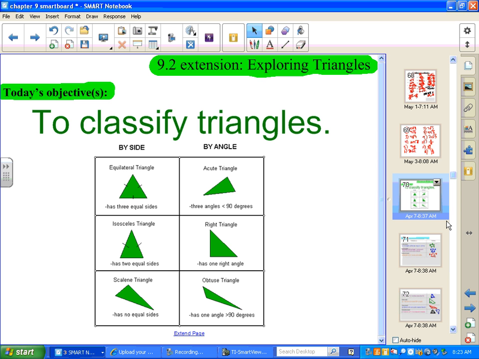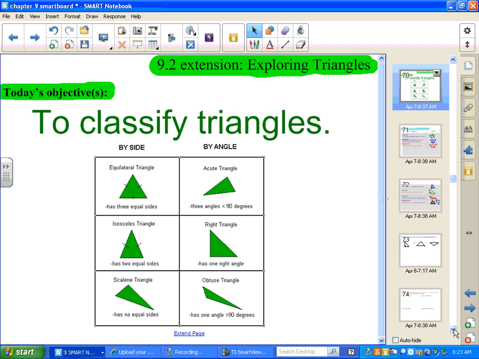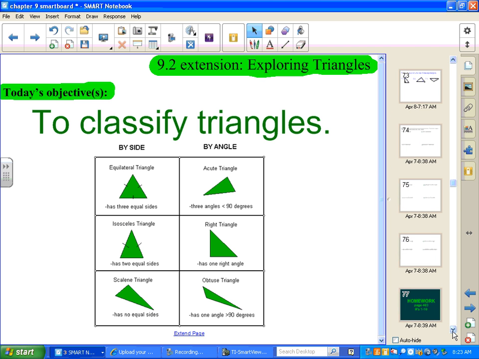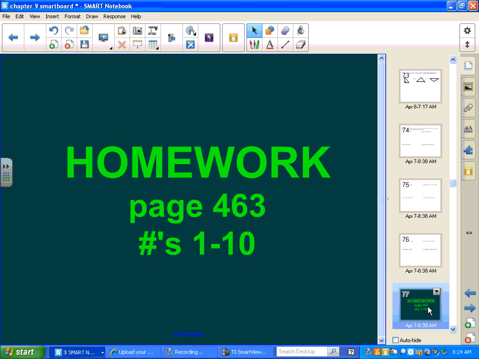Good job. Okay, homework. Page 463 in your book, for real this time. Just those 10 problems. Hold on, let me make sure that I agree with all those still. No, there will not be a pop quiz Monday unless those quizzes are disastrous. So I would still keep studying those perfect squares just in case.